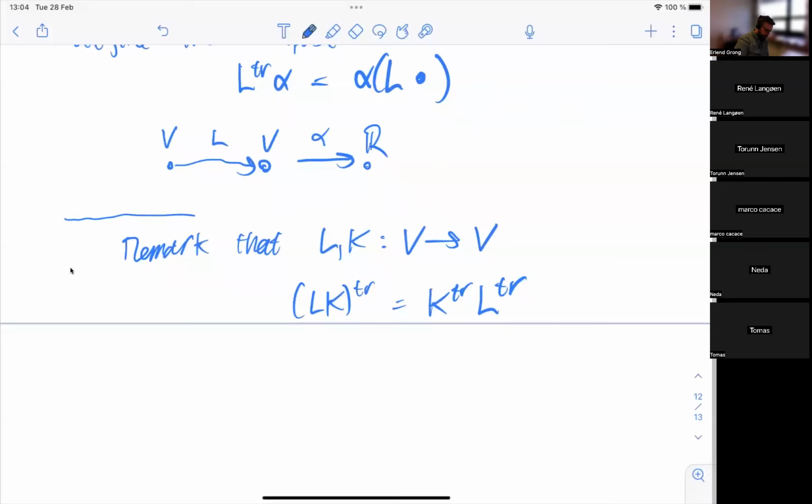And then we define the dual for representations of Lie groups.